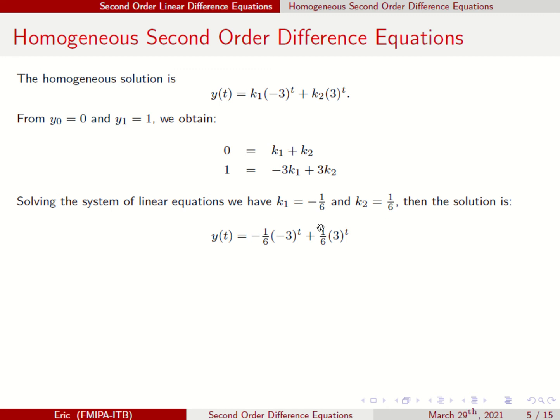Don't forget, you have to calculate this. Then the solution is given by a constant times minus 3 to the power of t, plus the second constant times 3 to the power of t. This is the unique solution corresponding to the initial conditions. Be very careful with the terminology: unique solution versus general solution.